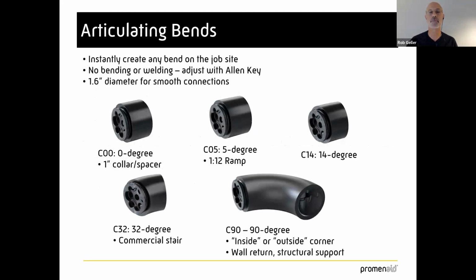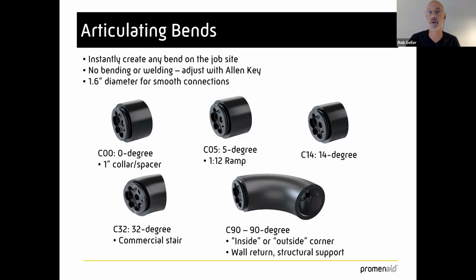We have a whole series of bends that can be used alone or in combination. They perform different functions. The 5 degree and the 32 are very specific because a ramp has a 5 degree slope and a commercial stair is a 32 degree slope. So you can go from horizontal to 32 degrees just by joining the railing on either end of this seamless, smooth bend. We got a lot of jobs because one of the biggest manufacturers in the world didn't have the capacity to do a 5 degree bend.